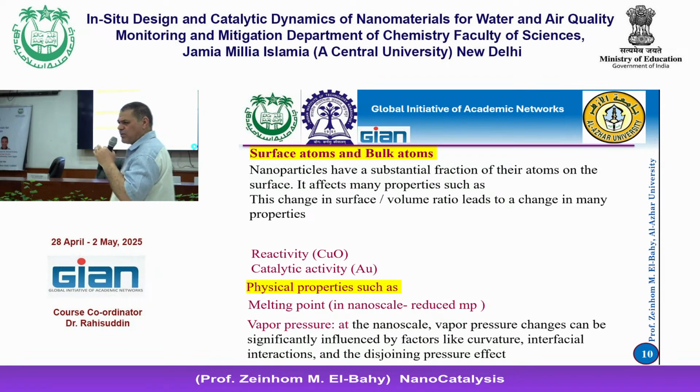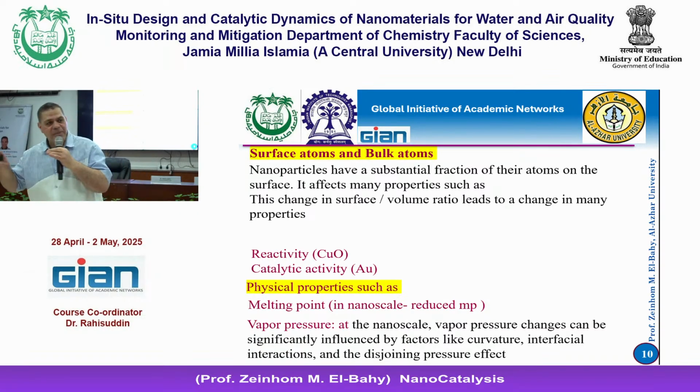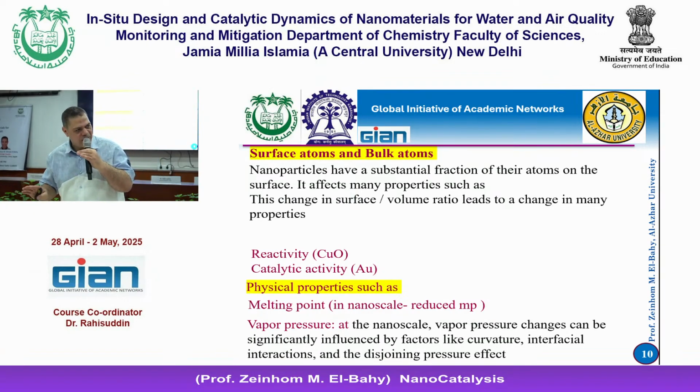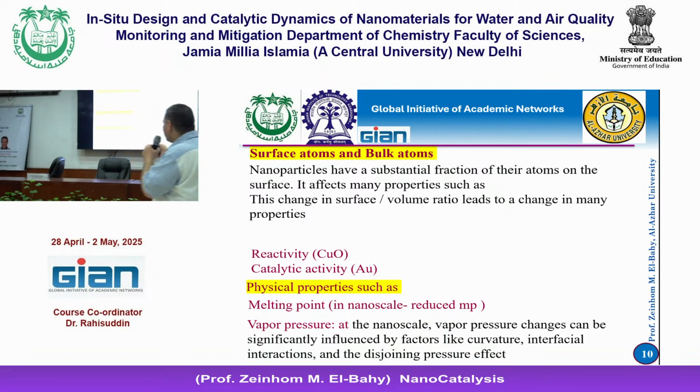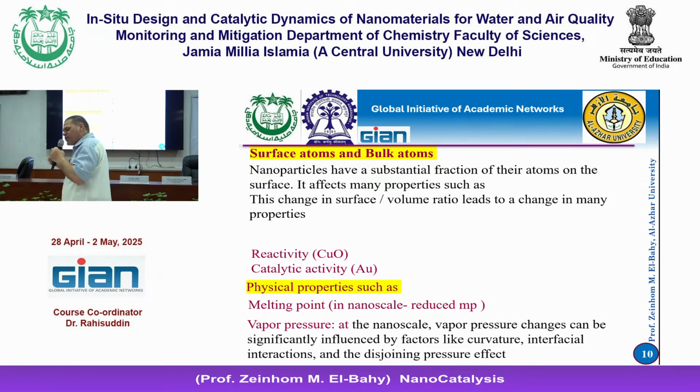For reactivity, for example, some materials have low activity in some reactions, but whenever they go to nanoscale, their activity changes completely as well. So both chemical properties and physical properties change from bulk scale to nanoscale. How? The optical properties.